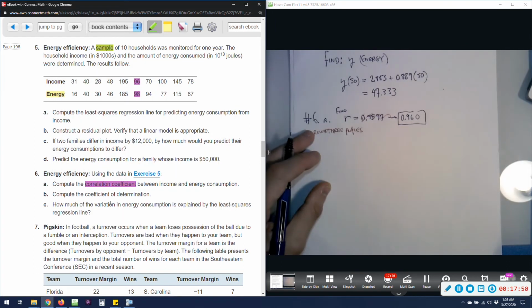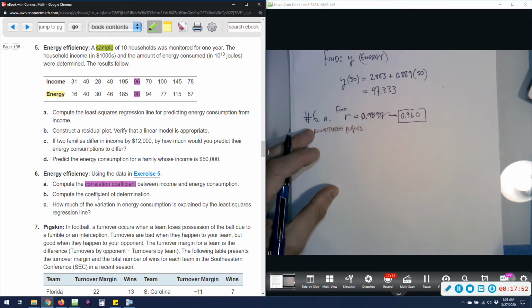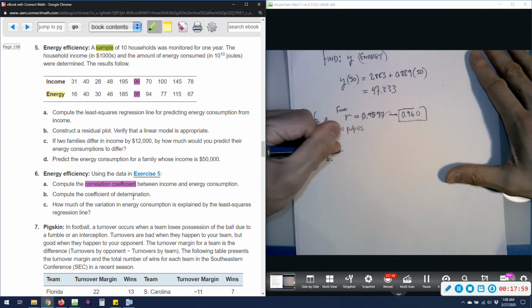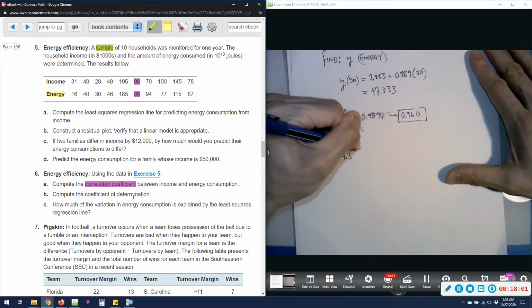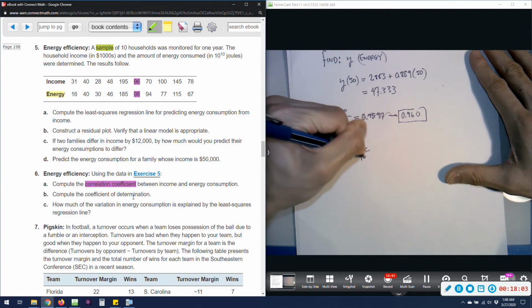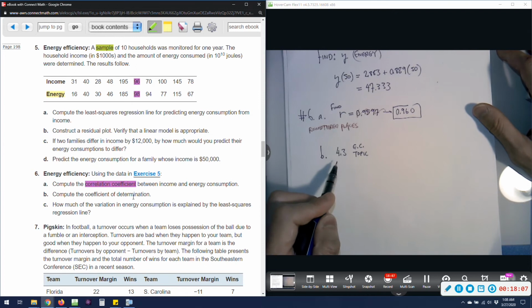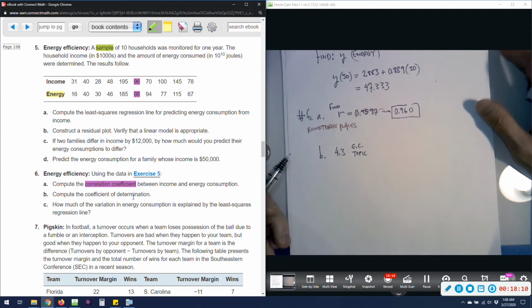Part B says compute the coefficient of determination. Again, this is a 4.3 topic, so this is an extra credit topic. I encourage you to read 4.3, and if you have time, do 4.3.